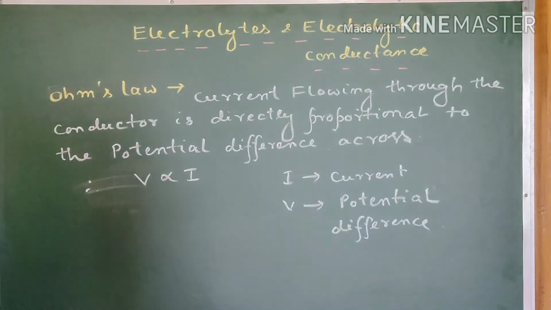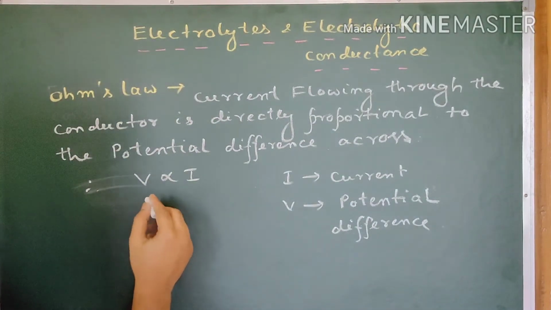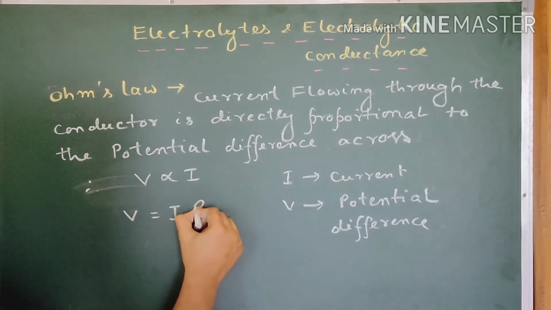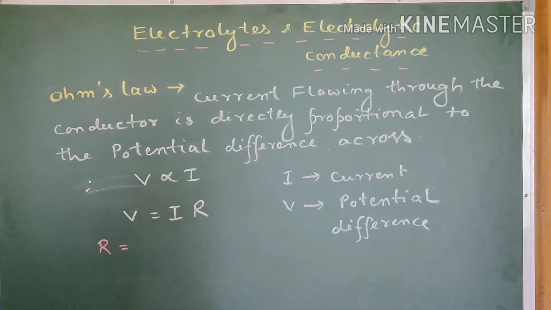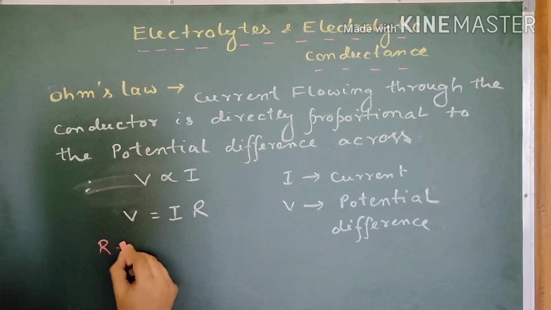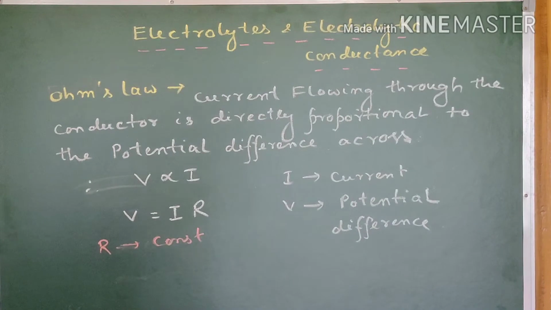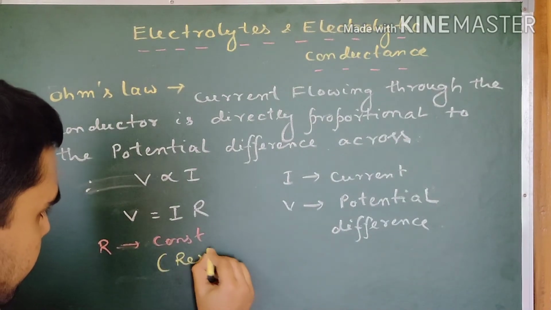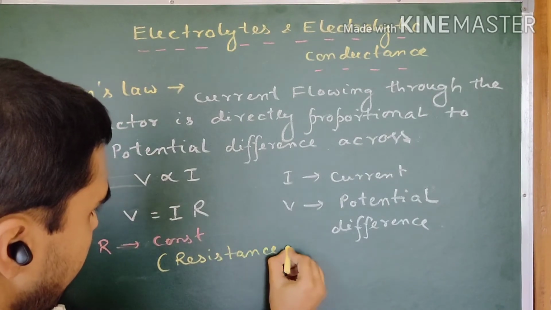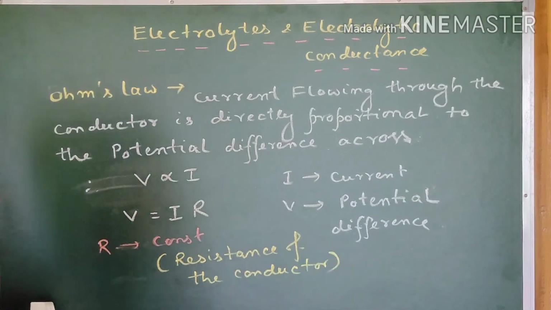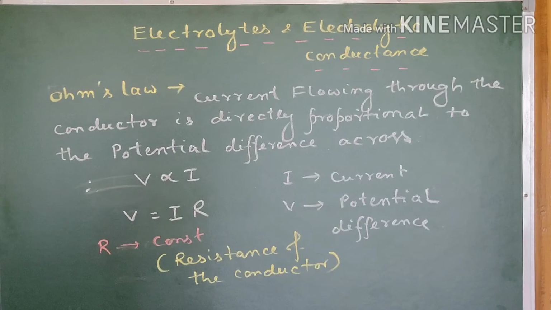As a result, if we were to remove this proportionality term, we should be able to write, I think it is there in physics, you must have read, V is equal to IR, where R is a constant, and it is known as the resistance of the conductor. So this is the scenario of Ohm's law.